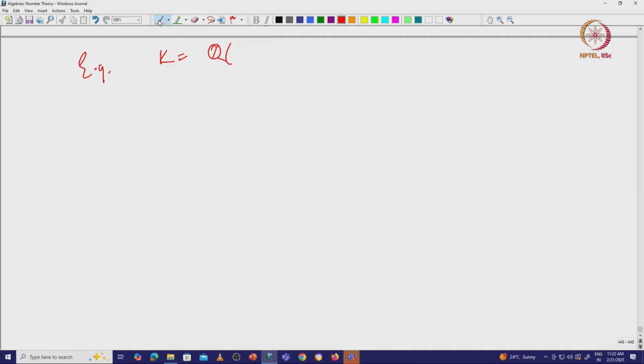Let me do square root of minus 14, right. So here the discriminant is 4 times minus 14, which is minus 56, right. And so, okay, the absolute value of B is less than or equal to the square root of 56 by 3, and what is this?